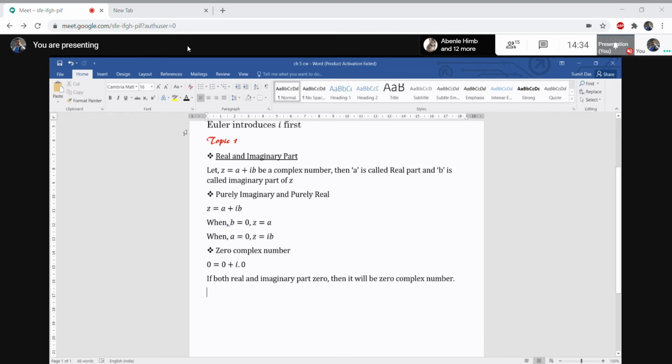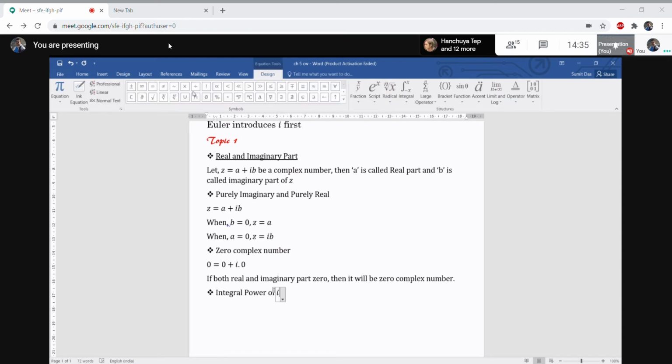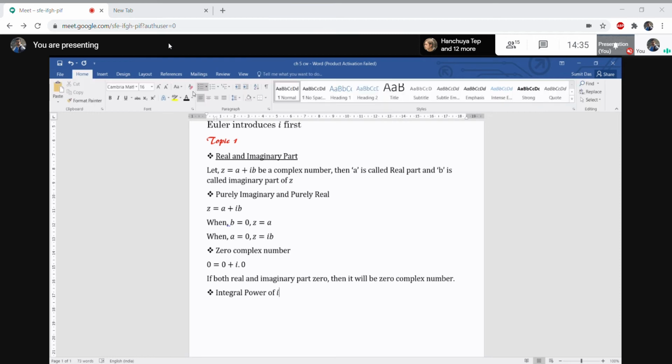It will be the integral power of iota. Integral power of iota.